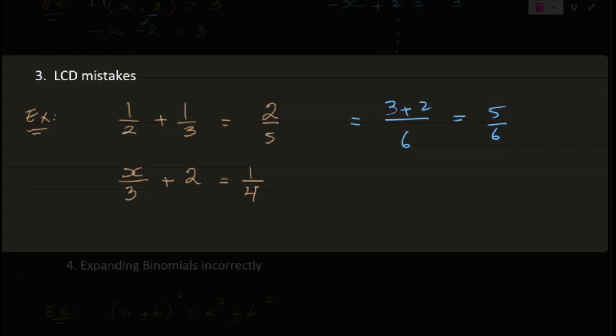Now, the second part to that is an equation. When you have a fractional or rational equation, for the higher grade 10, 11, and 12, in this case, some students forget to multiply every term by the lowest common denominator. So in this case, the lowest common denominator is 12.